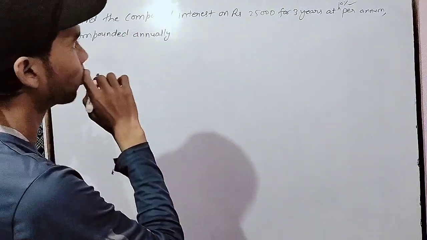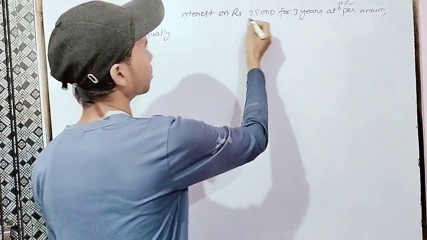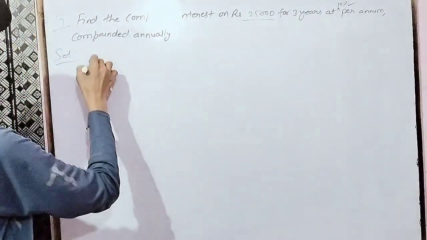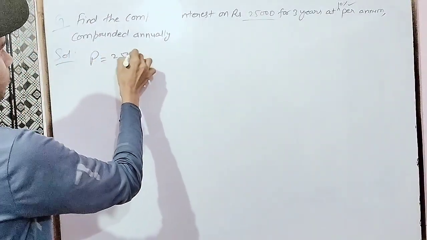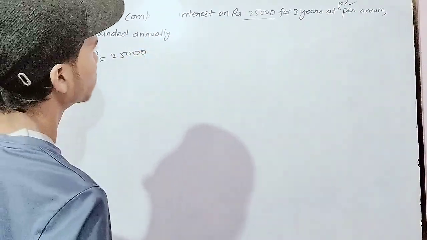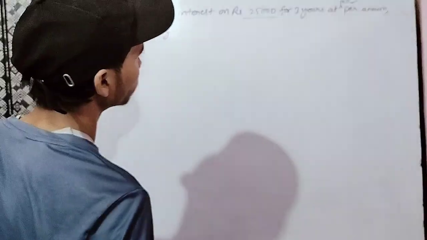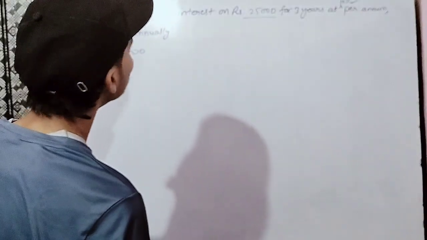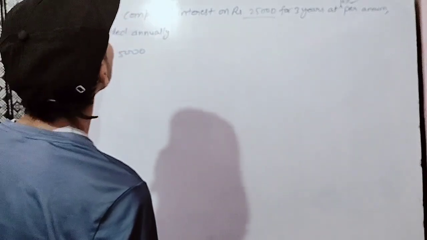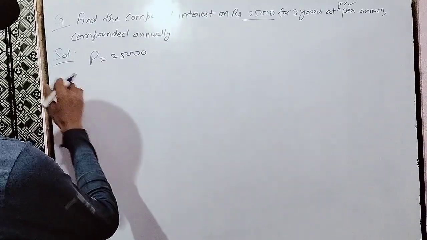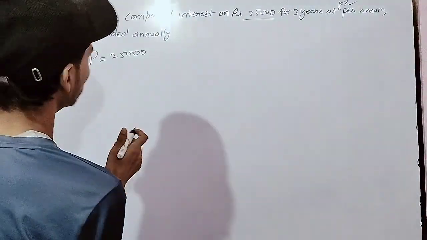Here, compound interest on rupees. This is what? Principal, which is 25,000, for 3 years. Okay.